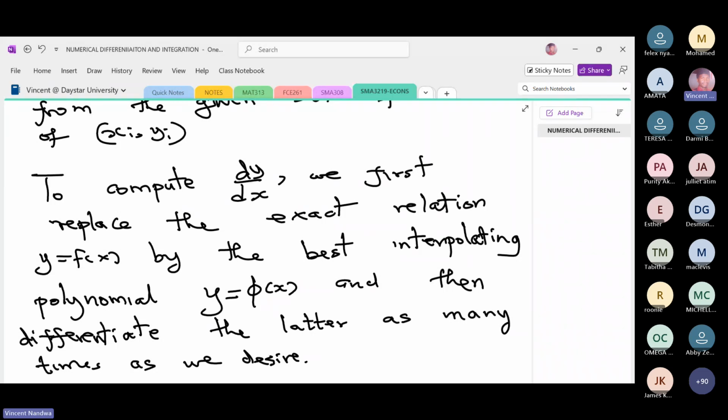So what are some of the interpolating formulas that you discussed earlier with your teacher?